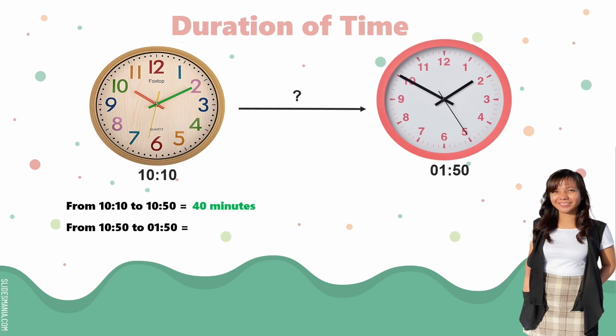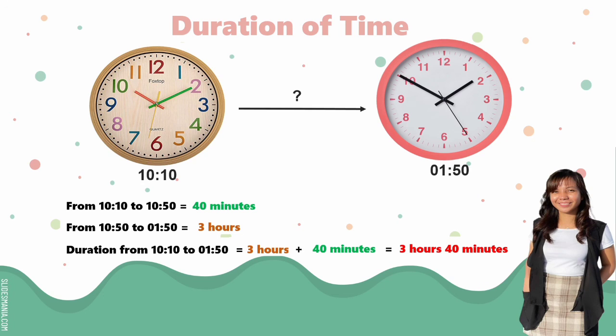From 10:50 to 1:50, the difference is 3 hours, right? 10:50, so 11:50, 12:50, 1:50. So 3 hours. So the duration from 10:10 to 1:50 equals 3 hours plus 40 minutes. So the answer is 3 hours and 40 minutes. Again, the duration of time from 10:10 to 1:50 is 3 hours and 40 minutes.